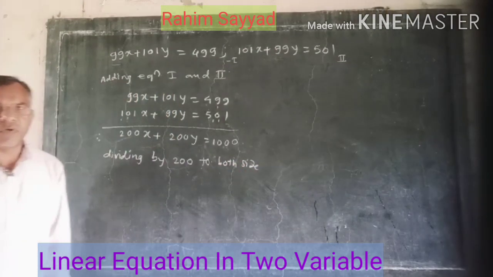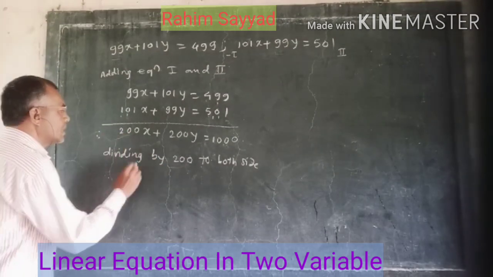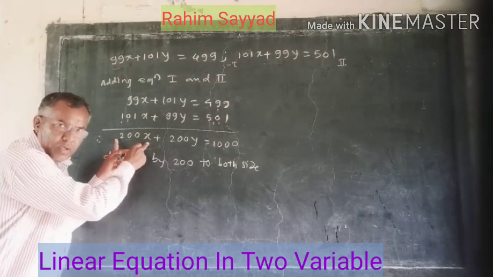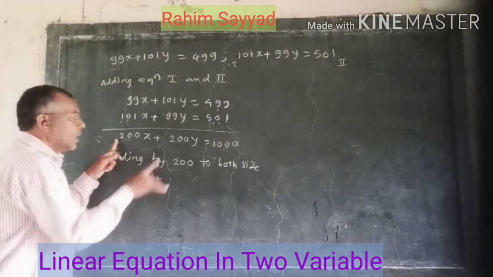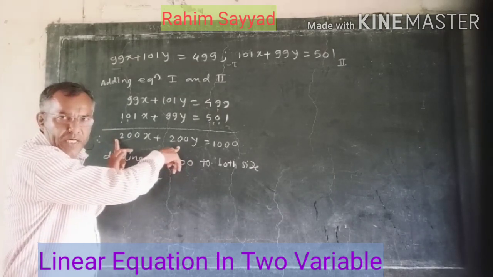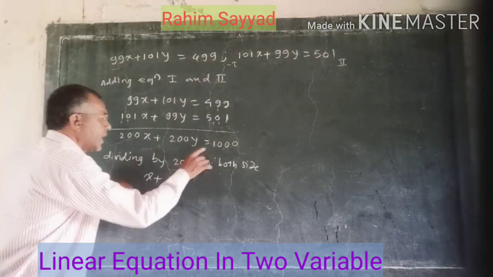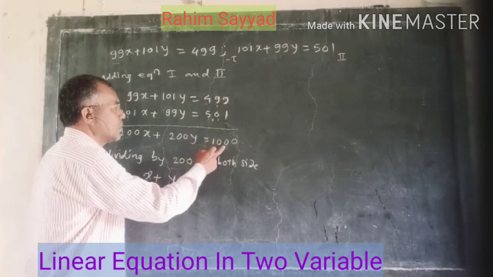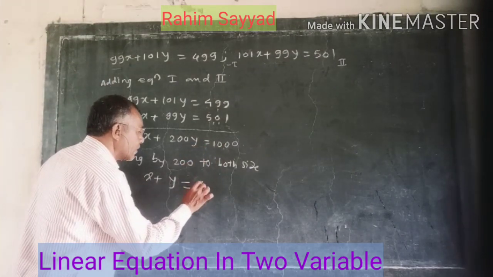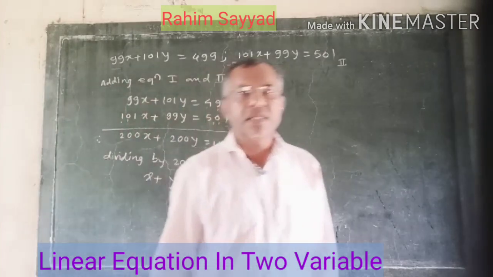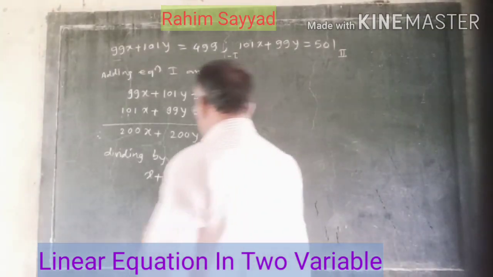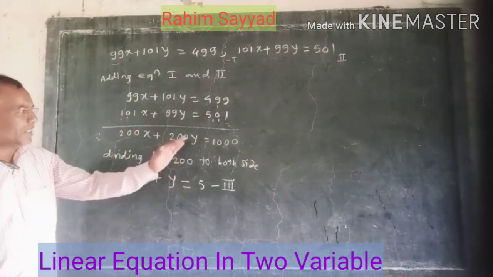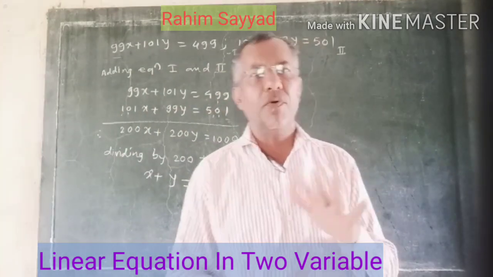When you divide by 200, the 200 and 200 get cancelled. Here x remains, plus, dividing by 200 again cancels, so only y remains, is equal to 1000 by 200. Zero cancels, zero cancels, and 2 fives are 10, so it is 5. In this way, you will get a new equation, and this is equation number 3.